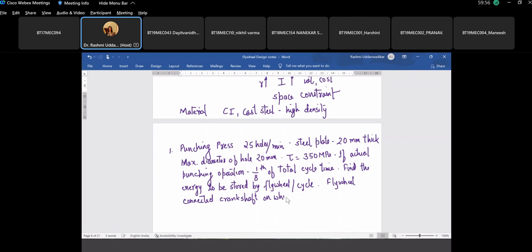So punch is on the crankshaft. So the flywheel shaft is connected to the crankshaft using a spur gear pair with a velocity ratio of 10:1. Design a suitable flywheel.